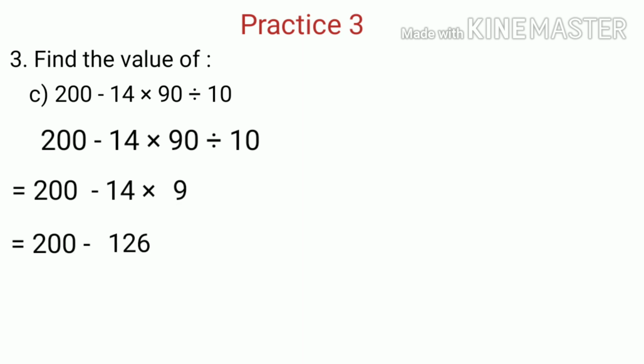So the expression becomes 200 minus 126. Now we will subtract 126 from 200. And when we subtract 126 from 200, we get 74. So 200 minus 14 into 90 divided by 10 is equal to 74.